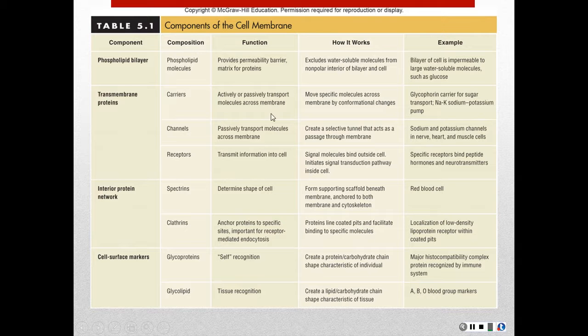We have the function of each, as well as how it works. Then we have an example of each. Make sure you study this chart in its entirety so you'll be able to answer the correct questions on your exam.